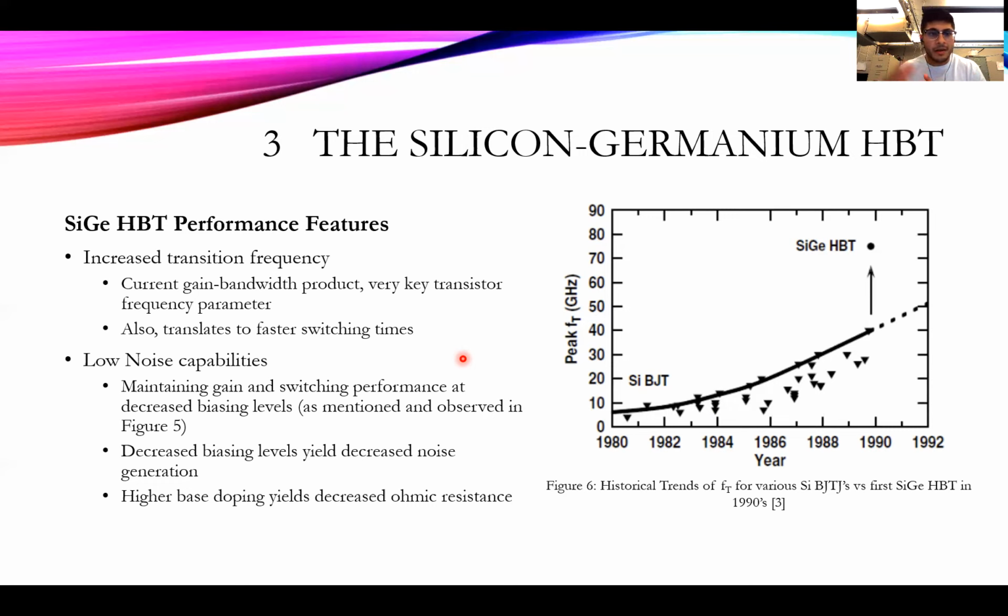So as that collector current increases, the shot noise will also increase. If we're able to achieve higher performance at decreased biasing and current levels, then we can not only minimize thermal noise, but also minimize shot noise, which is really, really key.